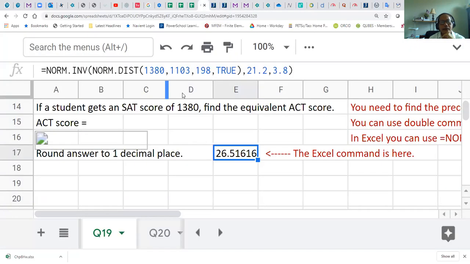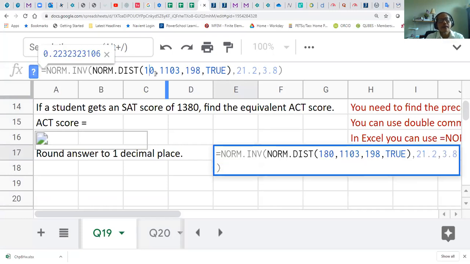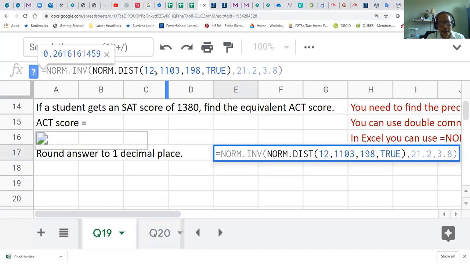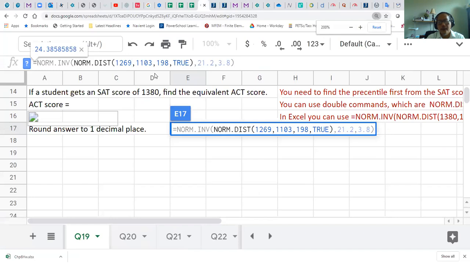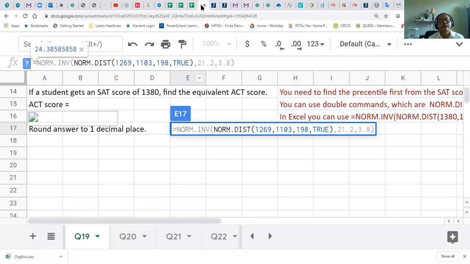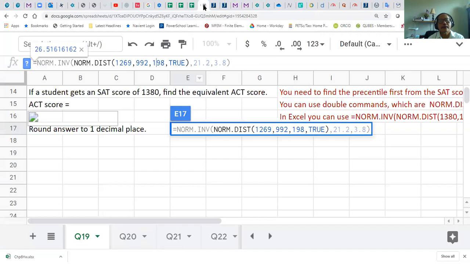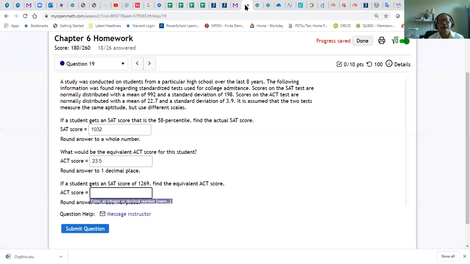1269. The mean is, I forgot, 992. The standard deviation is 198, the same.